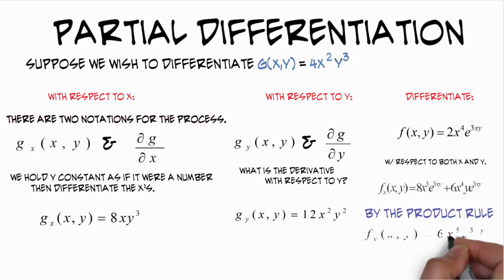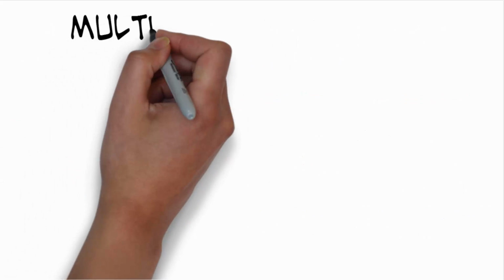The partial of f with respect to y is 6x to the 5th power times e raised to the power of 3xy. And now let's move on to multiple integration.